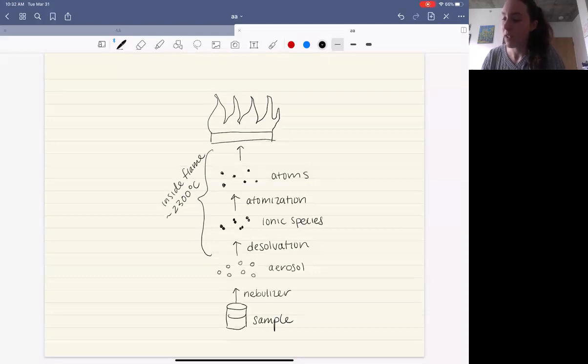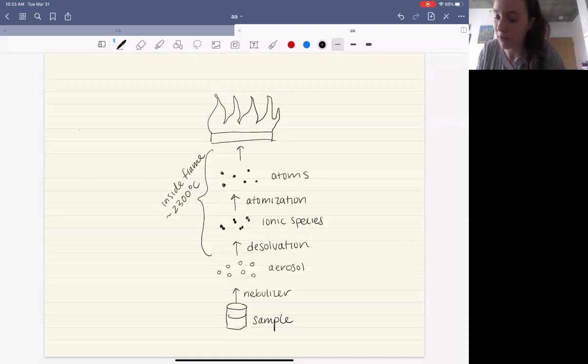Our lamp had an initial intensity. It went through the sample and some of it got absorbed, so the intensity that comes out the other side is going to be lower, and we can detect that intensity change.